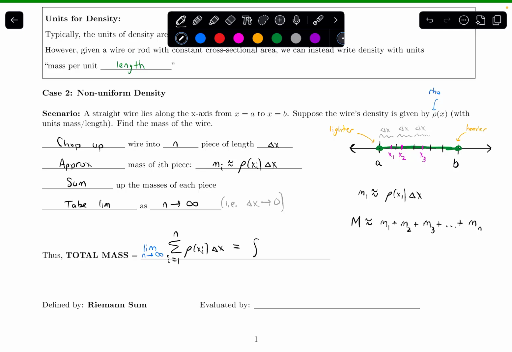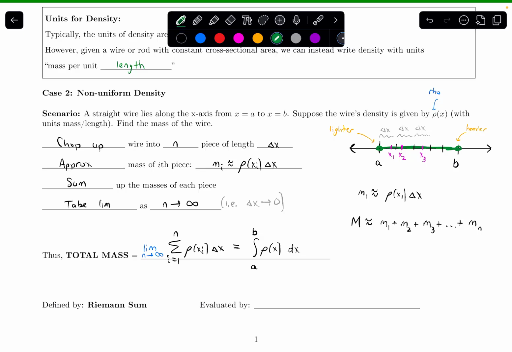An integral that goes from a to b, the starting and ending points of my interval. And then what happens is you write that same function, except the x sub i changes to an x, and the delta x changes to a dx. And I have my integral.